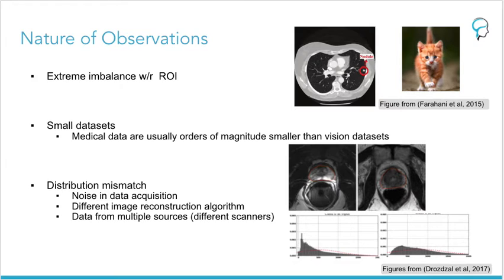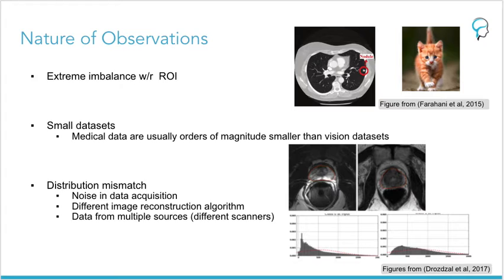So there's usually a distribution mismatch across data gathered from various hospitals. This could be due to noise in data acquisition, different image reconstruction algorithms, or hardware specifications. And this hardware noise from hardware specification is usually very evident in MRI data.